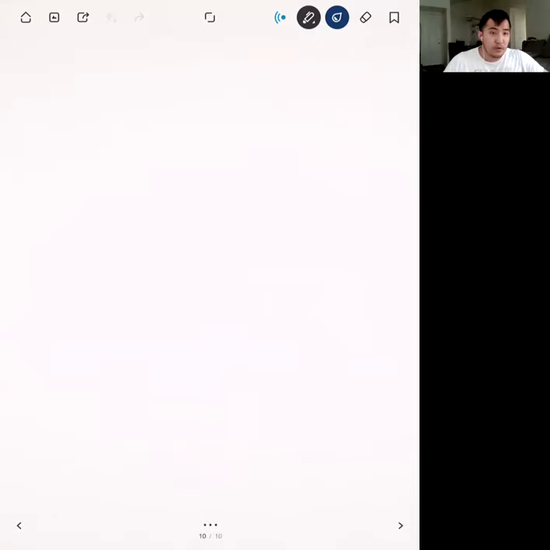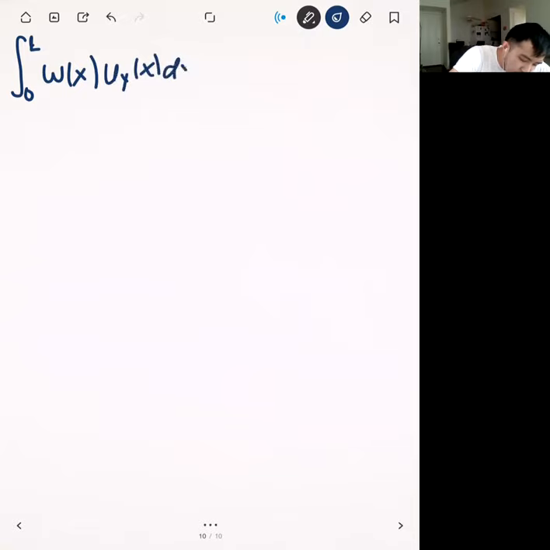Our principle of equivalent work, remember, says we take an integral from 0 to L of w of x, which is our load function, times uy of x, dx.